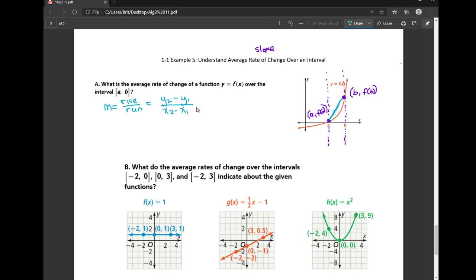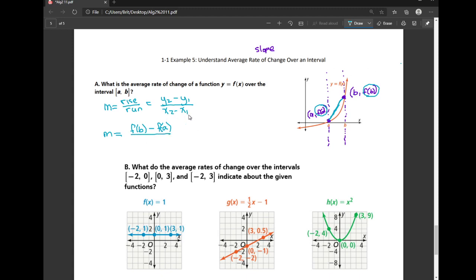You guys remember that? So the slope of this blue line, I'm going to take my y value here, f of b, and subtract my y value here, f of a. It looks ugly and confusing because you guys aren't using numbers yet. You're just using letters. But this gets a lot easier.